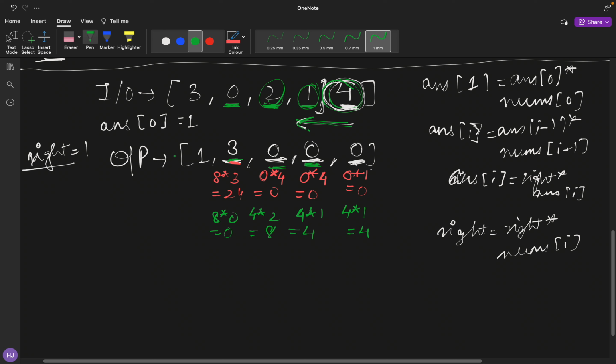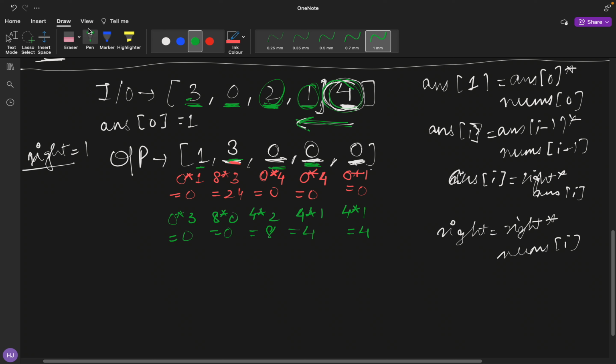Now let's compute the value for the ultimate index, which we actually need. It is 0 into 1, which is equal to 0. And now let's compute the value of right. It would have been 0 into 3, which is equal to 0, because the value present at first index is 0.